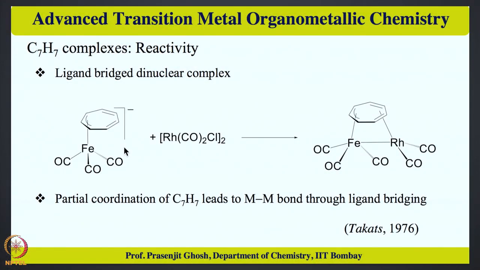However, there are also possibilities in which C7H7 can bridge between two metal centers, giving rise to dinuclear complexes. One such example is illustrated as follows: a C7H7 ligand bridged dinuclear complex.